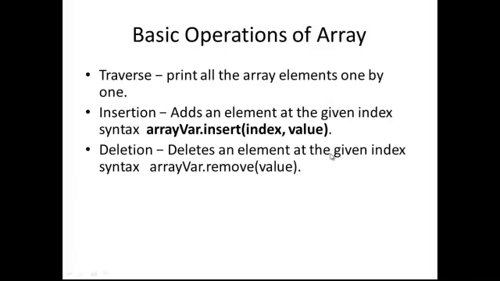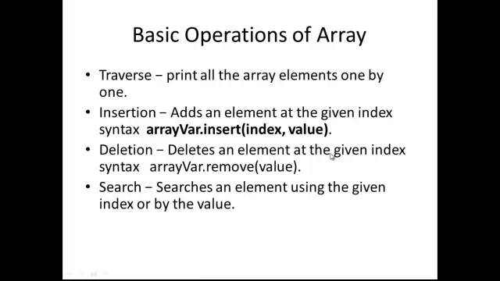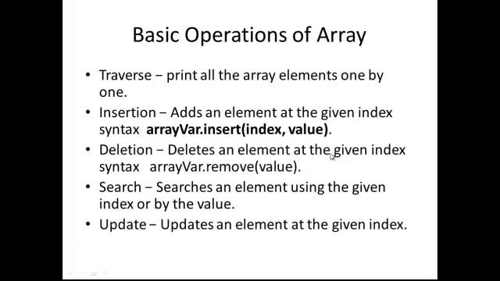We can remove an element by using the remove method with respect to the value. Searching can be done with reference to the index of the array. Also, we can update an element on the basis of its index.